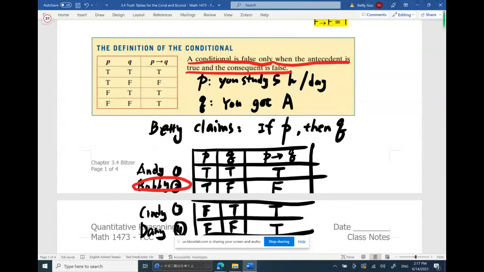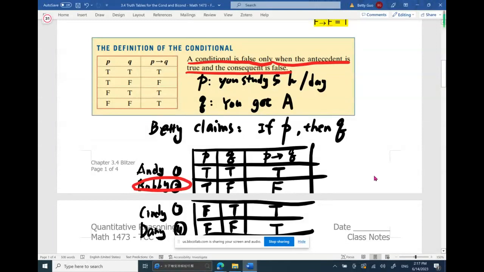For a conditional to be false, the antecedent has to be true, but the consequence has to be false. In all other 3 cases, the conditional is true. There's only one case in which a conditional is false: when the antecedent is true, but the consequence is false.